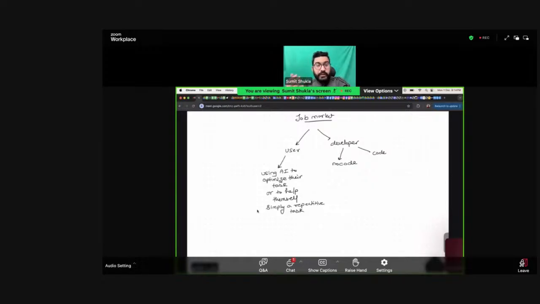If you are using ChatGPT to rewrite your email by correcting the spelling mistakes and grammar, then you are the user of AI. If you are using Nano Banana to create some images, then you are the user of AI. If you are using, let's say, Veo 3 to create some videos, then you are the user of AI. Now remember one thing, industry is not hiring for the users.